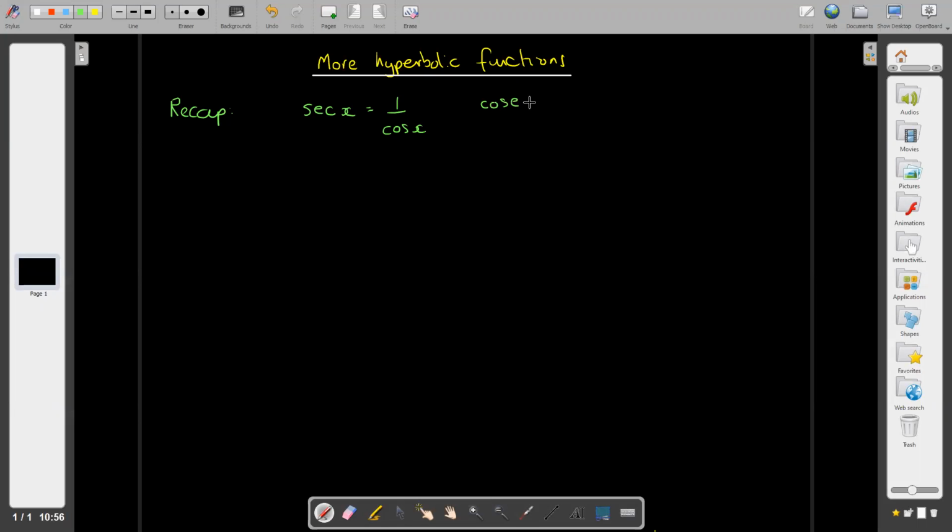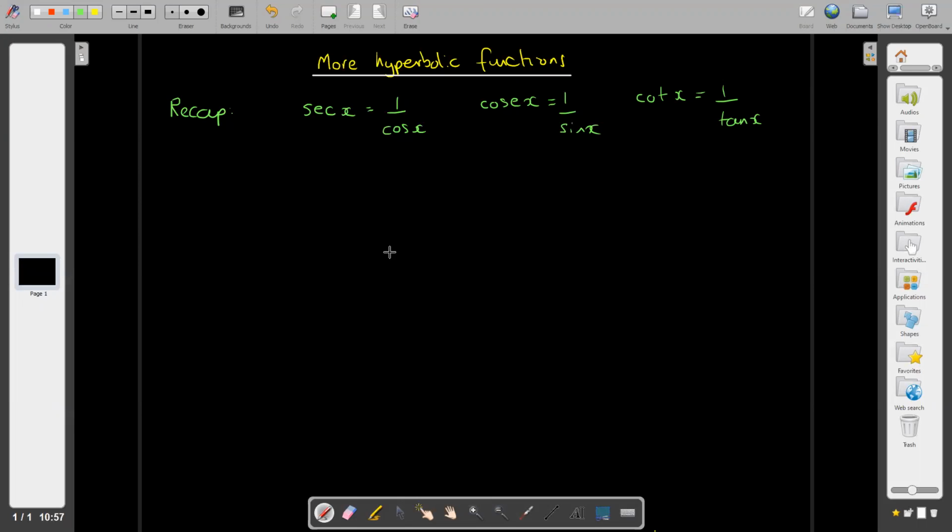Cosec x is 1 over sine x. And cot x equals 1 over tan x. So we should know those as the alternative trig ratios.